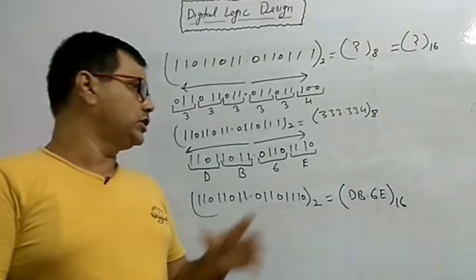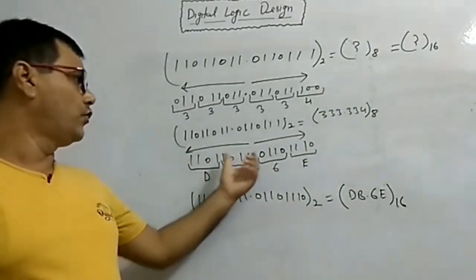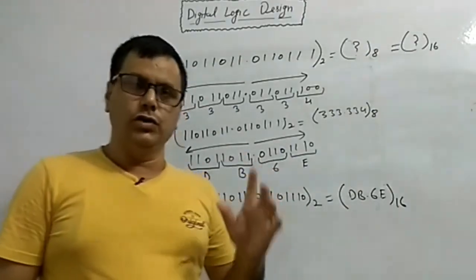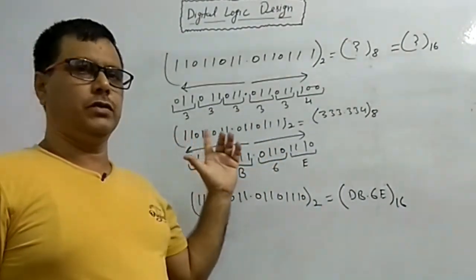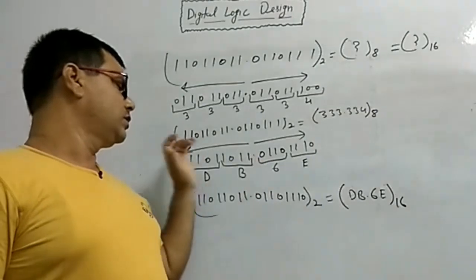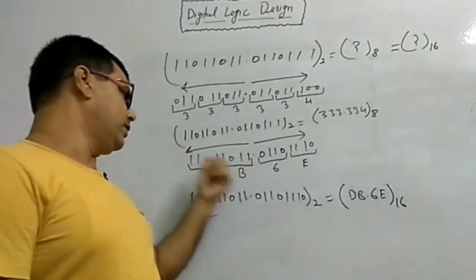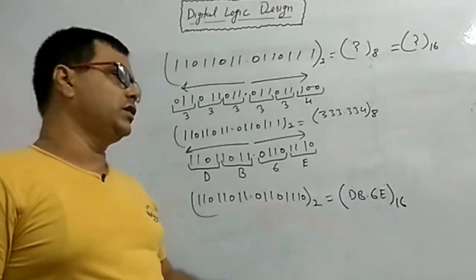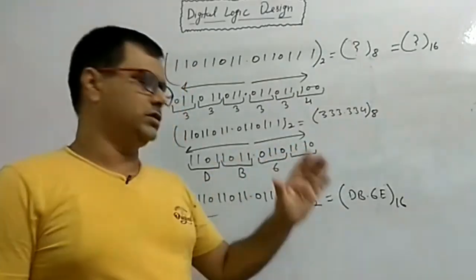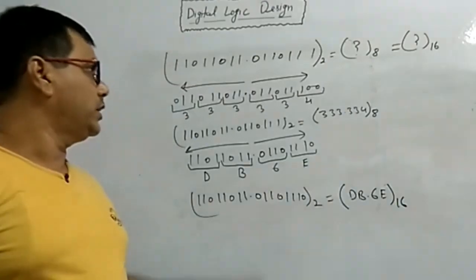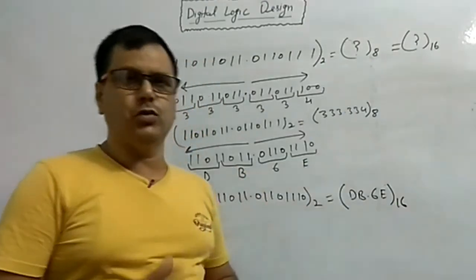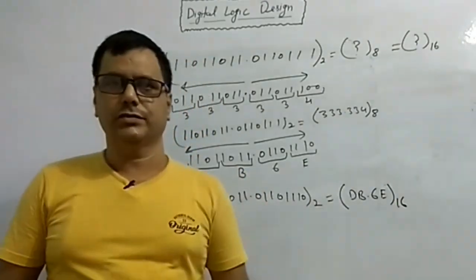You need to group in 4 bits. You need to remember the sequence. Before the decimal point, it goes from right to left. After the decimal point, from left to right. And if you take care of the grouping, then there will be the least possibility of errors.